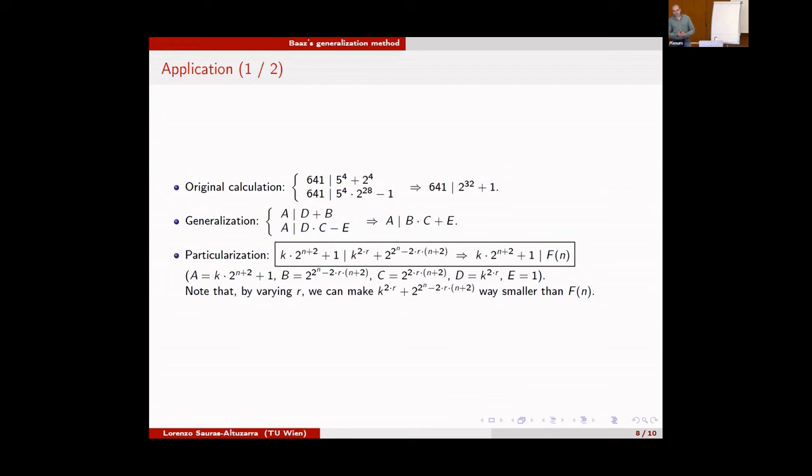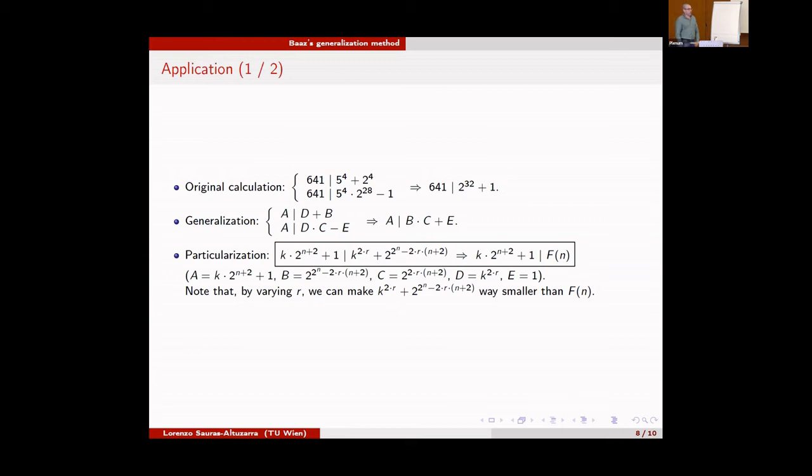So in this case, taking A to B of the form that I told in the beginning, B to the n minus 2r n plus 2, C to the 2r n plus 2, K to the 2r, and E equal to 1, then you have a sufficient condition for a number to be a divisor of the nth Fermat number.